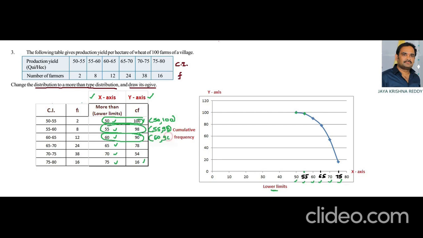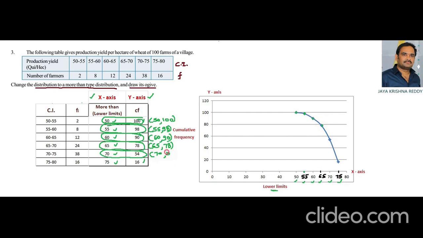The next point is 65 comma 78, this is the fourth point. And the fifth one is 70 comma 54.